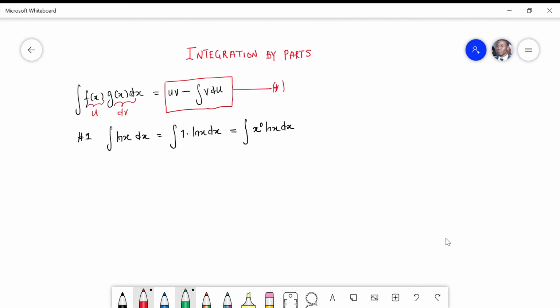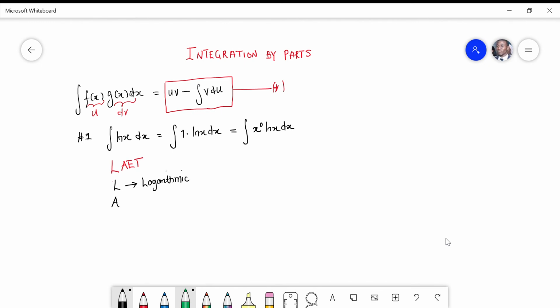This concept is called LAET. Don't forget LAET. So L means logarithmic function.